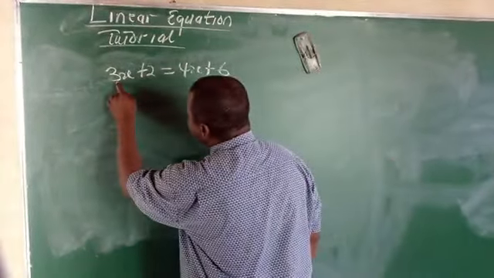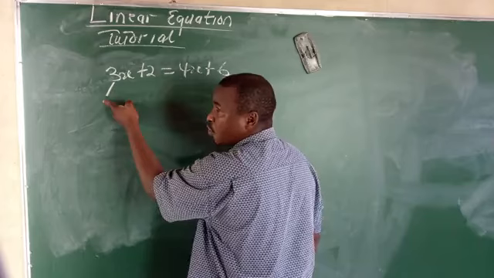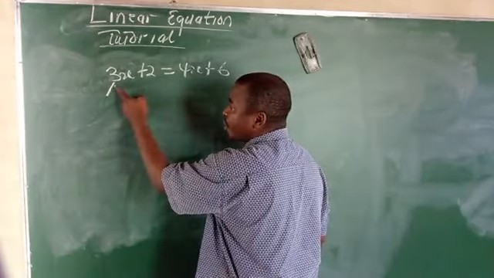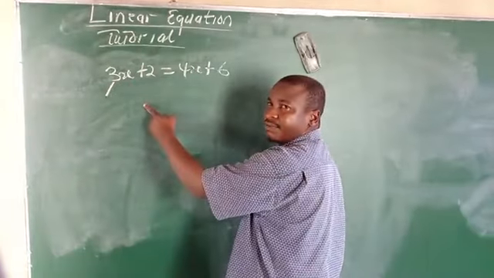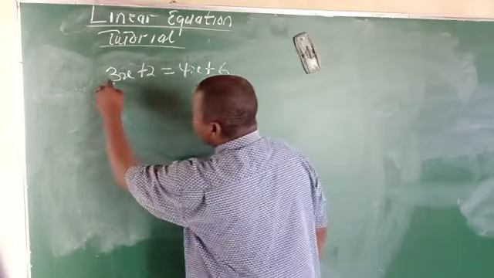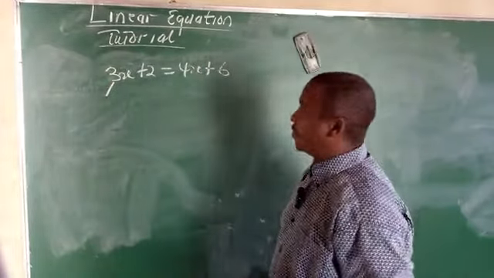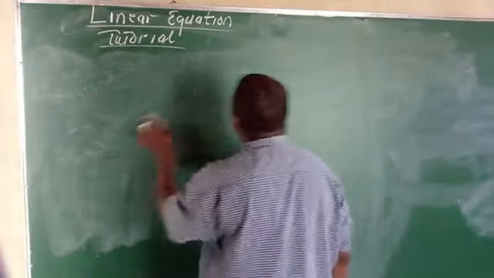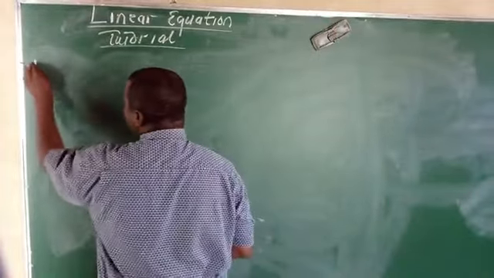This is called the coefficient and this is called the variable. So under linear equations, we are going to solve two examples.